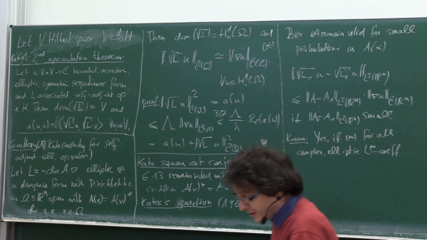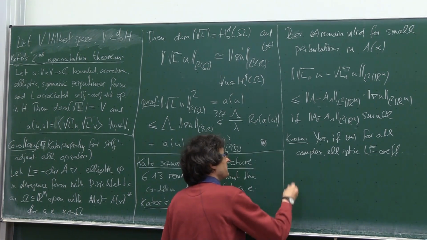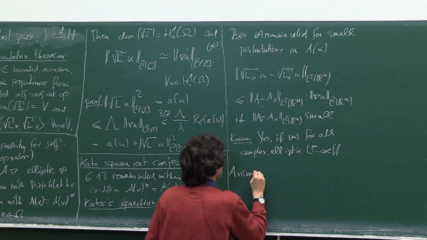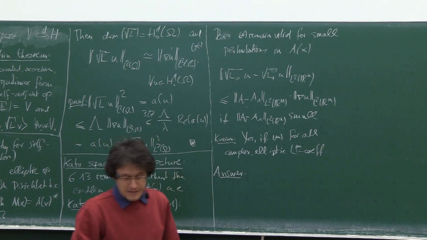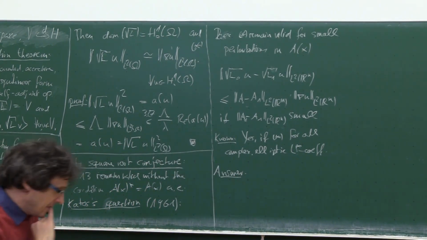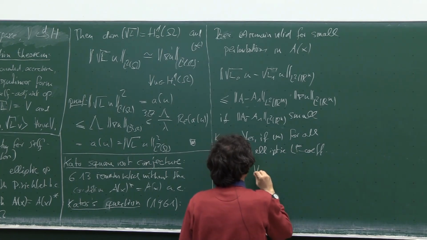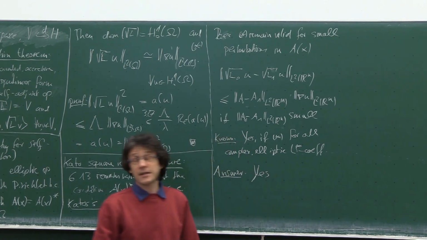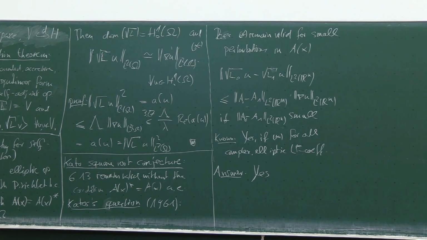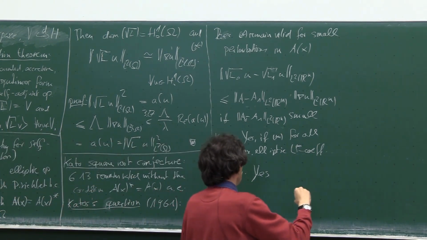It really got complicated, but to take out the question, is it true or is it not true? It is true. The answer is yes, the Kato square root conjecture is true. So we can now call it the Kato square root property and not the Kato square root conjecture.